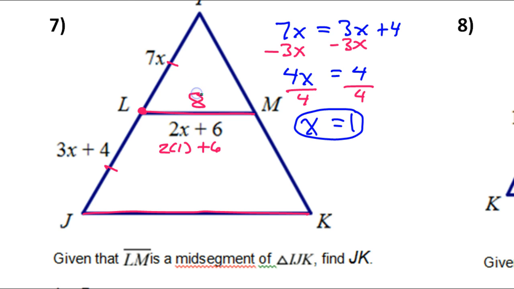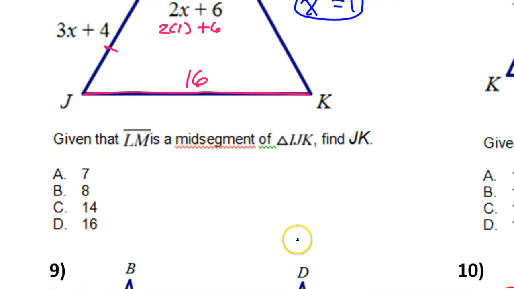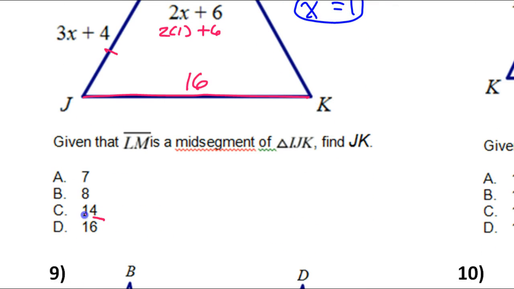Alright, so LM is 8. So JK has got to be twice as big, so this is going to be 16. Alright, and I think it's multiple choice, so 16 is option D.